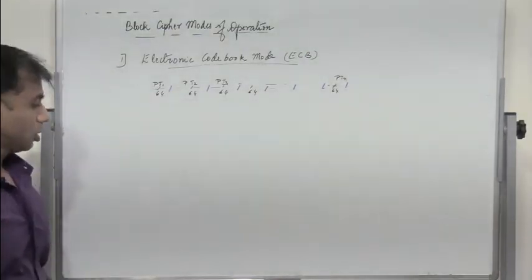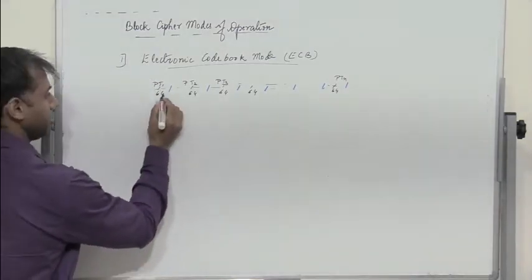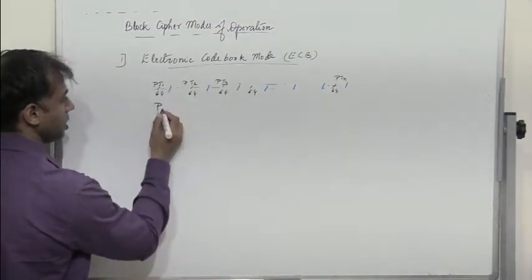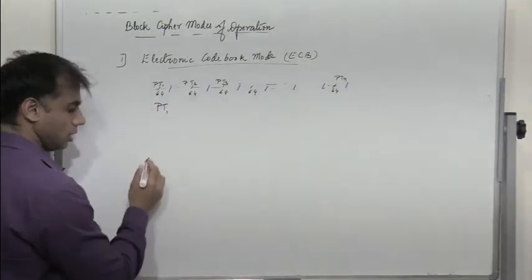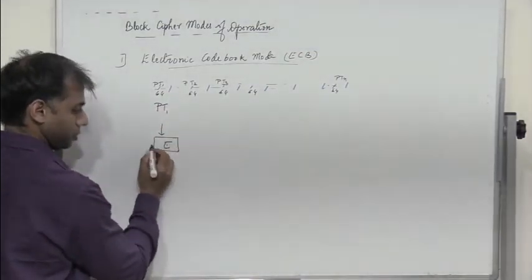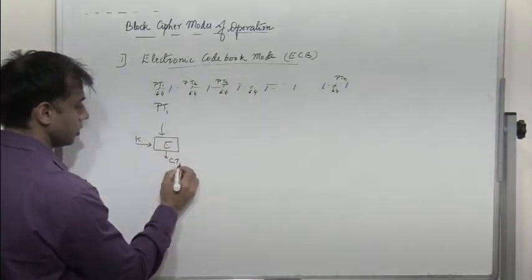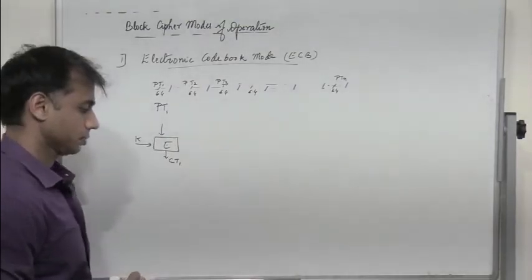In electronic codebook mode, the first plain text segment, let me call this PT1, is given to the encryption algorithm, which uses the key K to produce the first block of ciphertext.